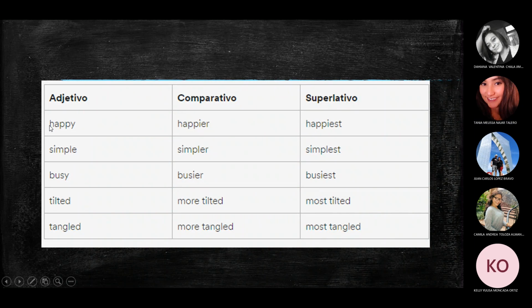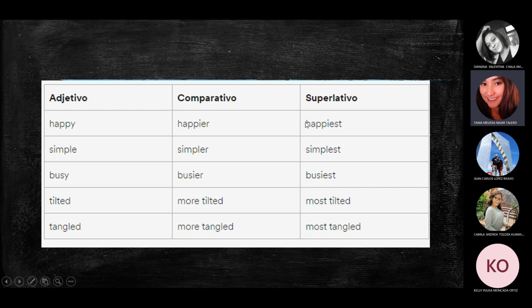Happy, we have consonant, vowel, consonant, right? So we have a y, so we change this y by what vowel? I. And we finish with er in the comparative. But in the superlative, we put est.